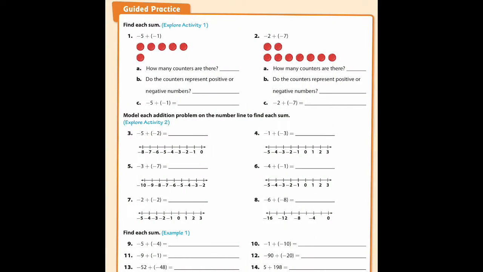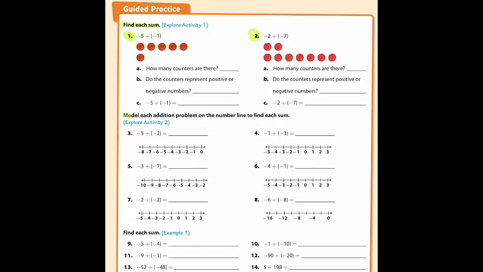For the next one, for the first part, for questions 1 and 2, you use counters. So you have -5, and then you have -1. You put them together, and remember, negative is red and yellow is positive.